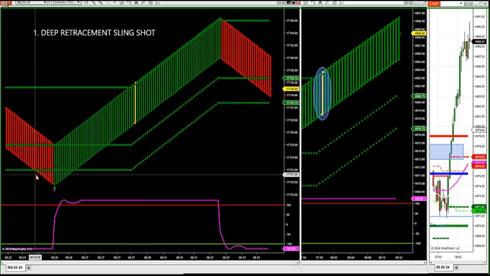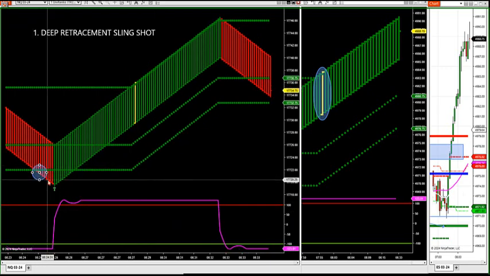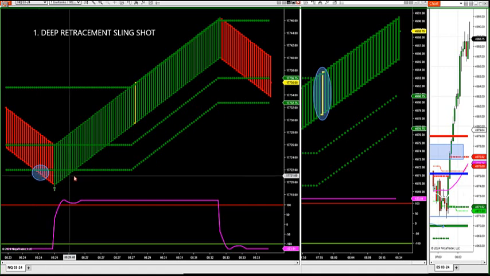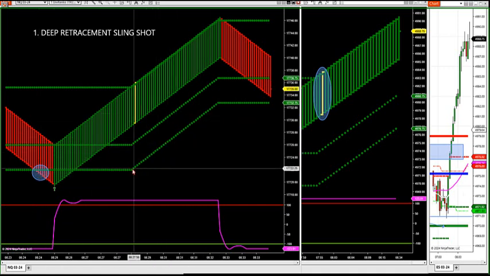Once you start closing a candle below that deep zone, which is the outer zone here, which is green, you're looking to buy.